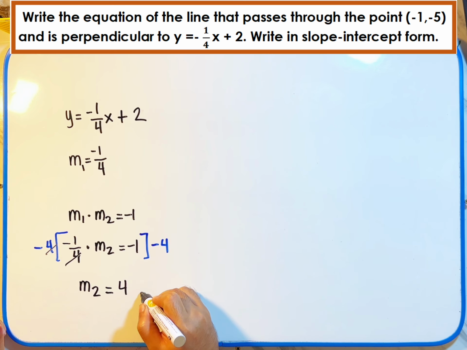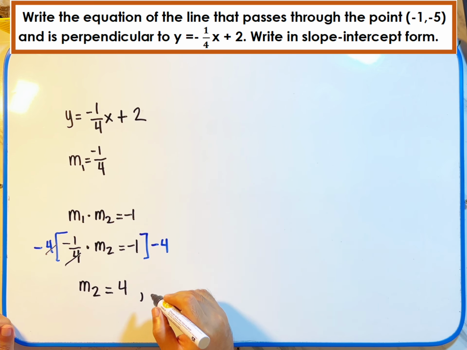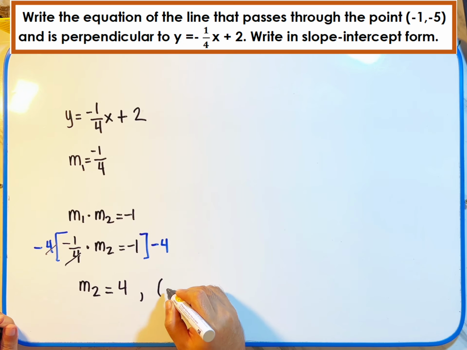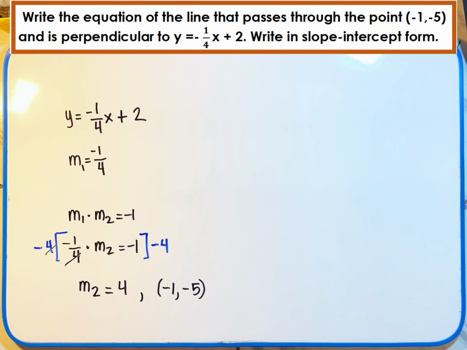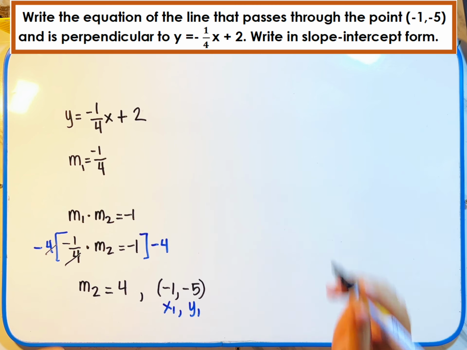Also, the problem says that our required line passes through the point (-1, -5). It also means that this is x1, this is y1. We already have the slope m, x1, y1. We're ready to find the equation of the line.